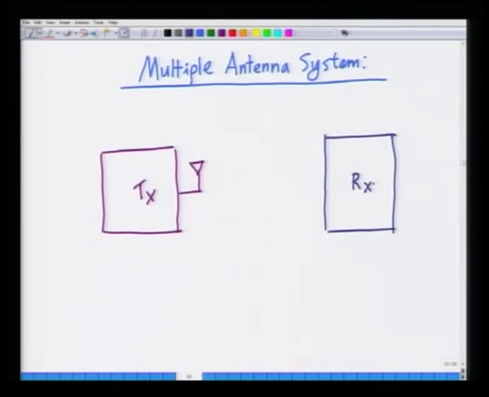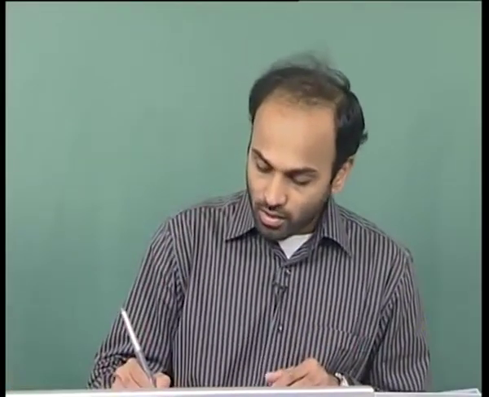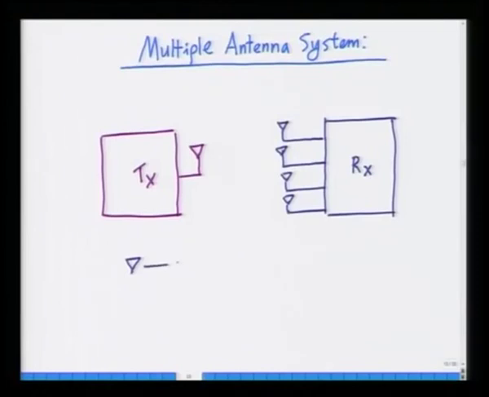Now, instead of one antenna in the receiver which I had earlier, I will now have 4 receive antennas. All right. So, now I am saying I have a transmitter which has one transmit antenna. This inverted triangle is the symbol for an antenna. Now, I have a transmitter which has one transmit antenna, a receiver which has 4 receive antennas.